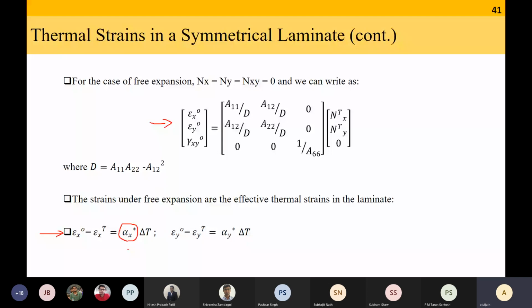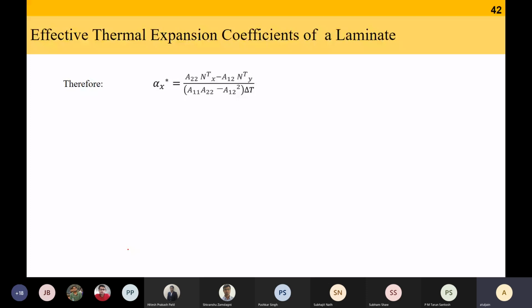Okay. So now we can use this to derive the expression for the effective coefficient of thermal expansion, which will be equal to something like this. And recall that the NT expression we have already discussed a few slides before. It was only a material property. Let us go back.